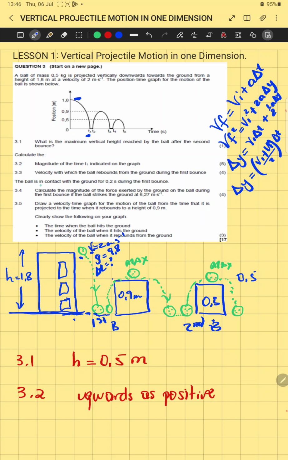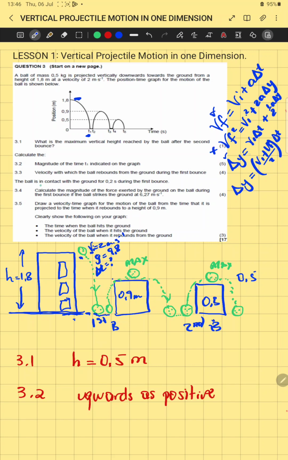So now what I'm going to do here is that we cannot use the first one, because it requires the final velocity, which we do not have at this point in time, and the same for this one. In fact, this one doesn't have time at all, so that means we can use the third equation.